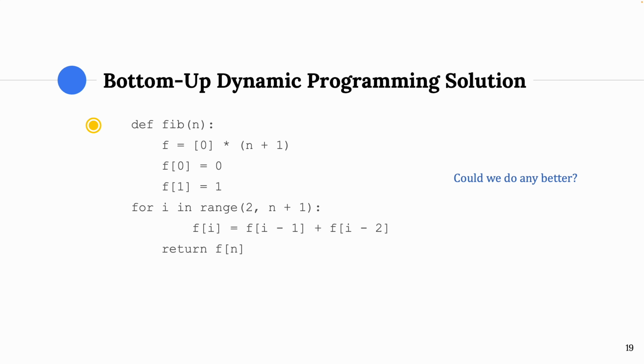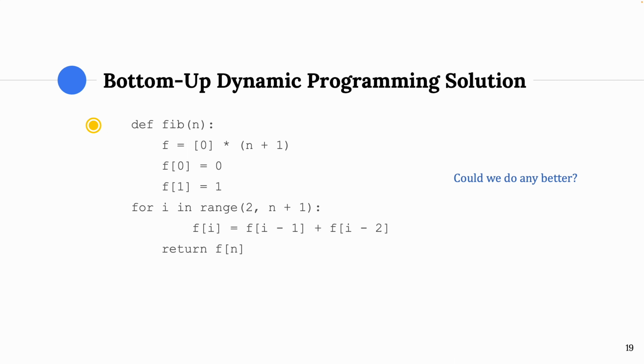In this particular case, for 0 and 1, we already know the answer, and then we're going to go all the way up to n+1, and every time that we are solving the problem for i, we already have the previous values, i-1 and i-2.